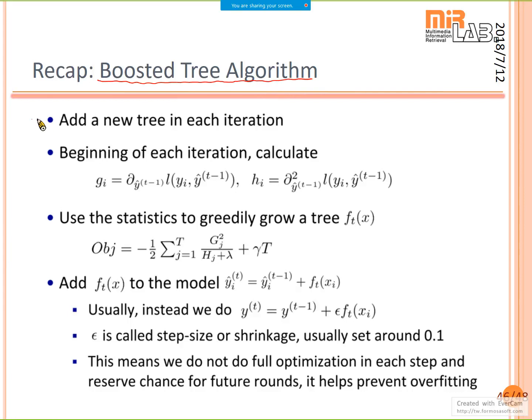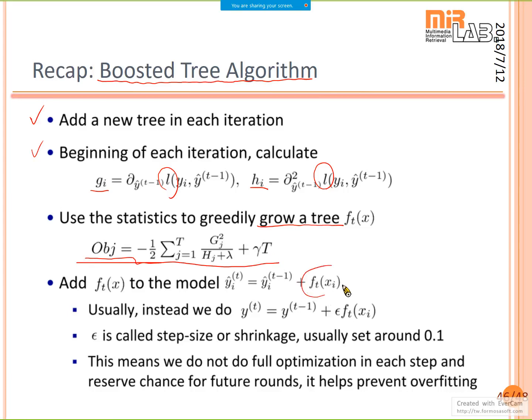We want to add a new tree at each iteration. At the beginning of each iteration, we want to find the first derivative and the second derivative based on a given loss function. It can be any kind of loss function as long as it's differentiable. Then we can use a greedy search to grow a tree in order to optimize the objective function.